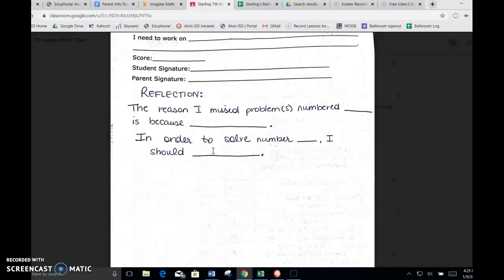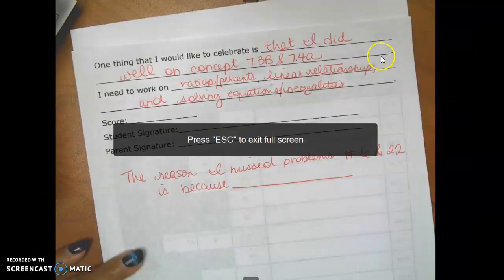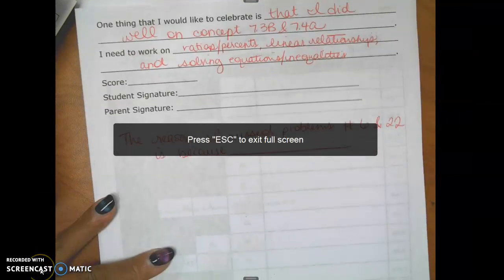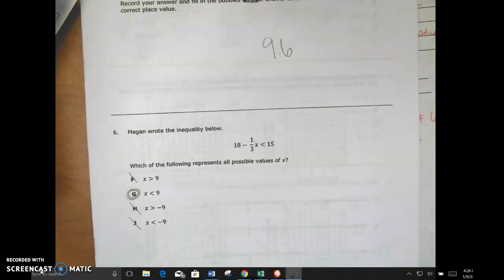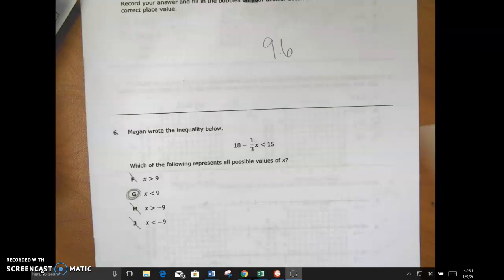Now I'm going to focus on one concept so that I can get that done the quickest way possible. The reason I missed problems, yes, number 6 and 22, I believe, is because, now I'm going to go look at the work that I need to do for 6 and 22. So here's my sentence starter, and I'm going to go look at them in one moment. So here, I showed no work for this. I don't know why my answer is incorrect, so I have to work it out.